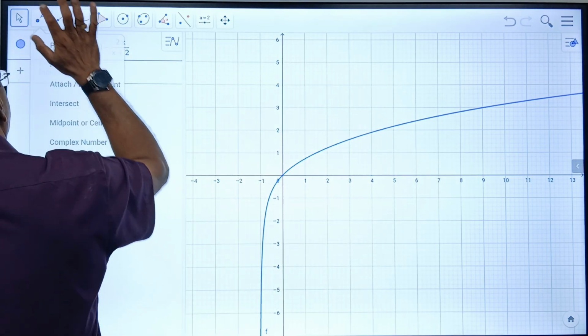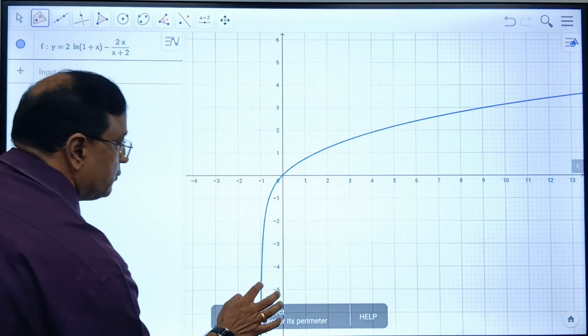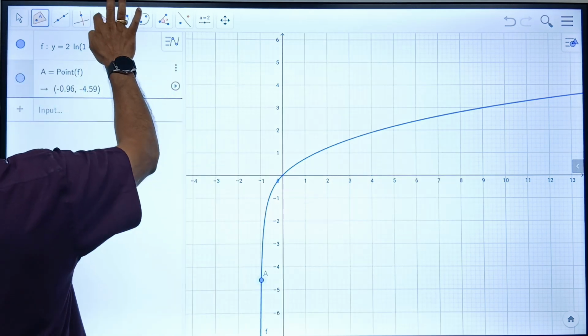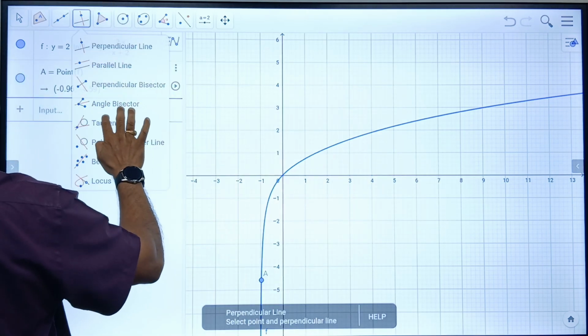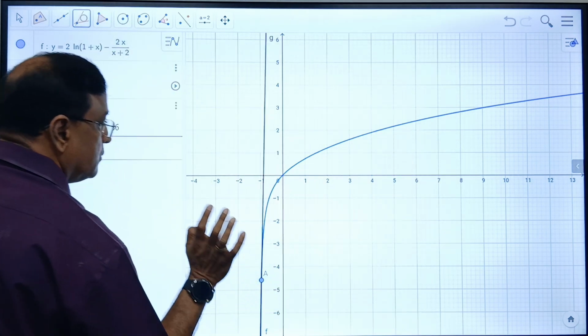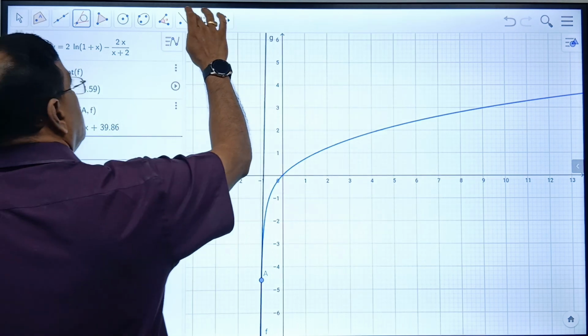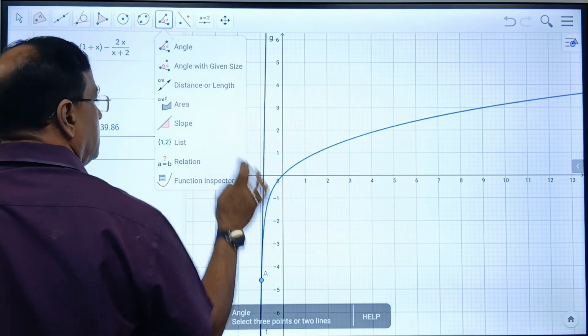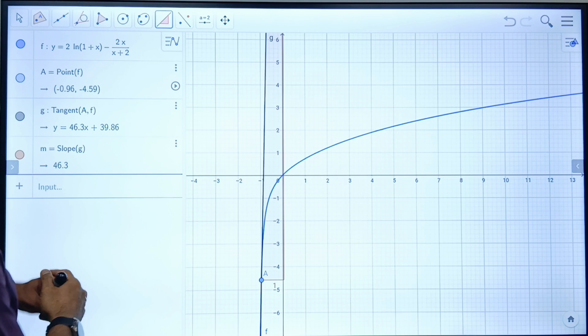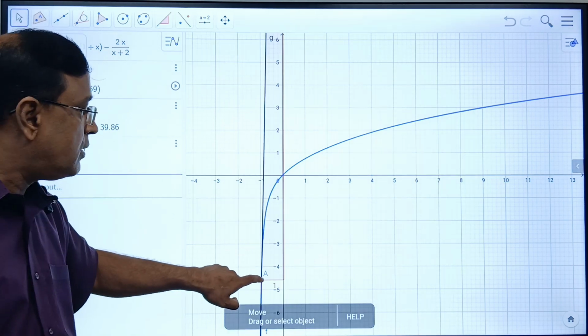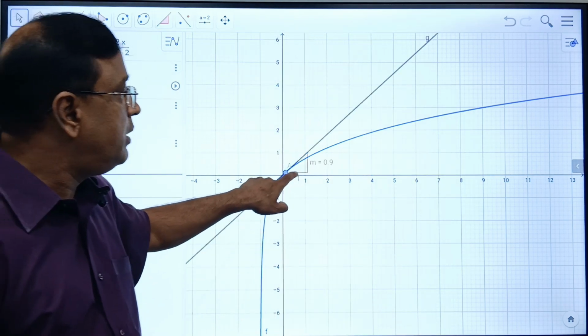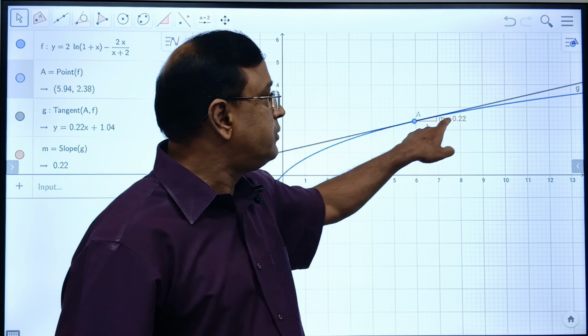Now, let us choose a point. Let me draw a tangent, and let me find the slope. You see, slope is always positive. From -infinity, you keep going wherever you want, it is always positive.